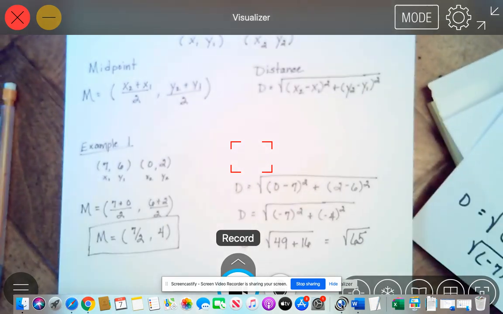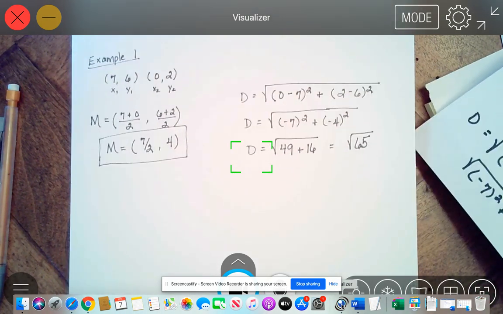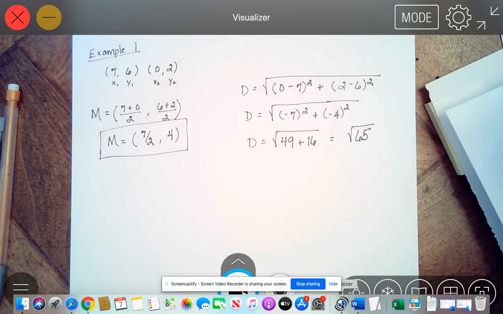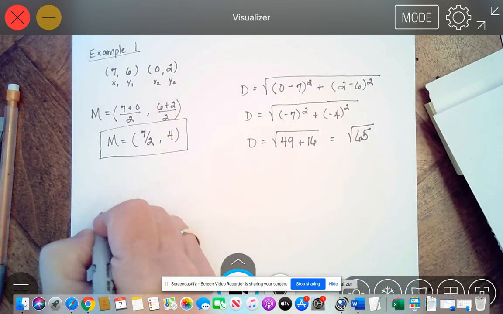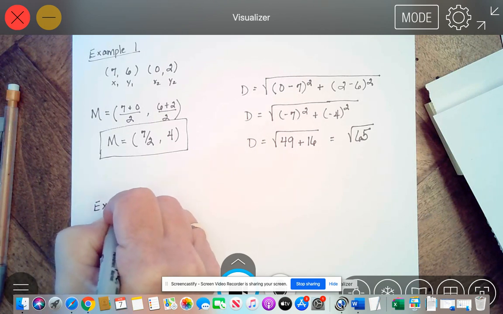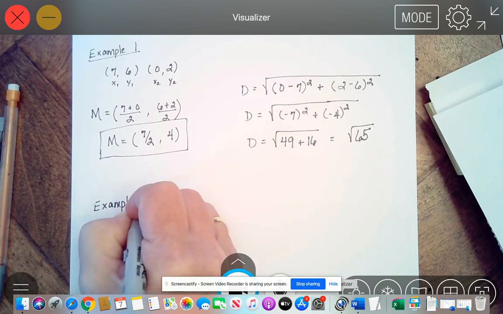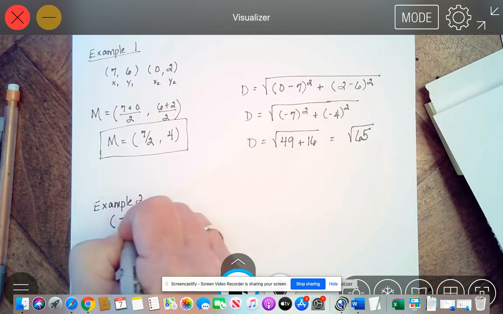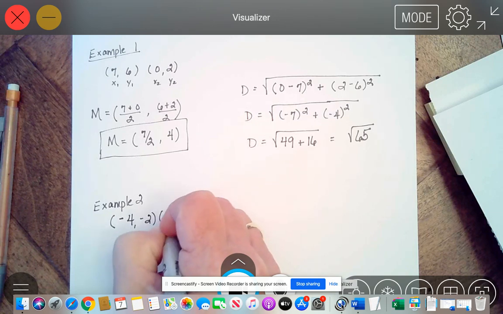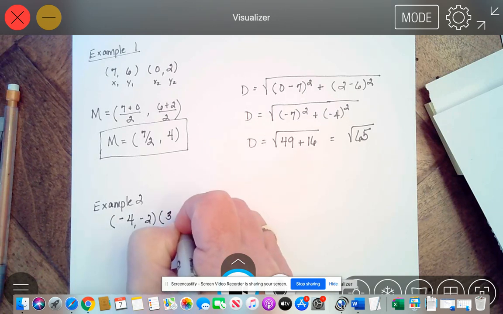I'm going to do one more example for you, and then you can get to work. So the next example is if I have some negative numbers. Example 2, I have two coordinates, -4, -2, and 3, 3.